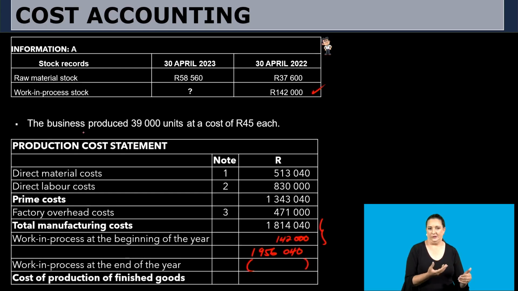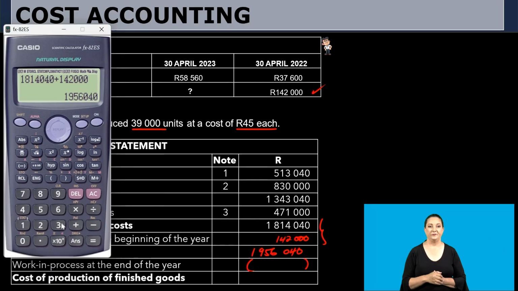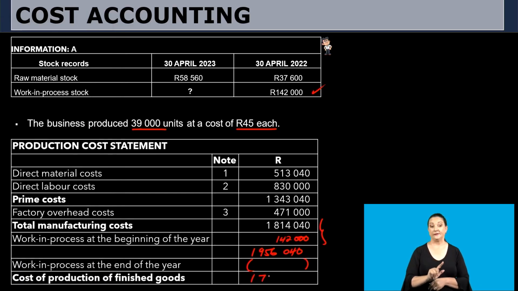But what I'm given is information that the business produced 39,000 units, and each one is produced at a cost of 45 Rand. So I'll say 39,000 units multiplied by 45 Rand, and that will give me 1,755,000. That is my cost of production at the end, 1,755,000.